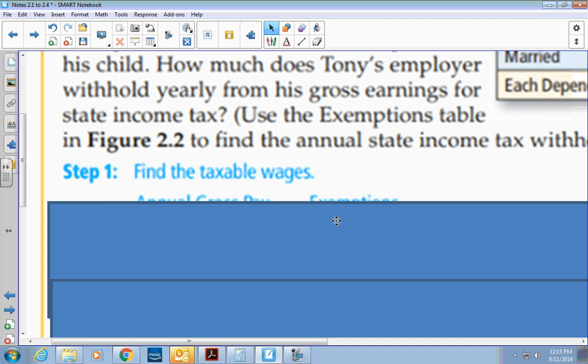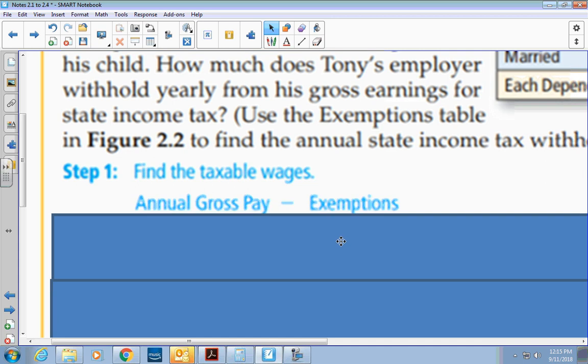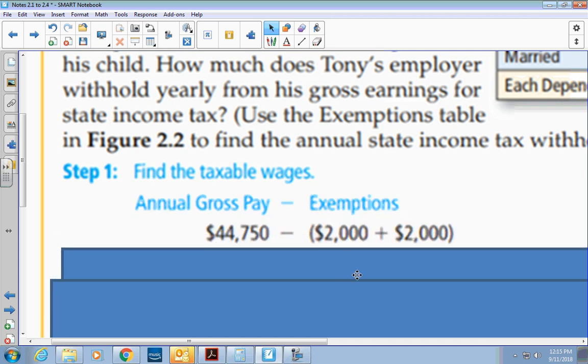The first thing we do is subtract out those exemptions. On your paper, please write $44,750 minus $2,000. These guys had parentheses; you can write it like this. We're going to subtract out the total of our exemptions.